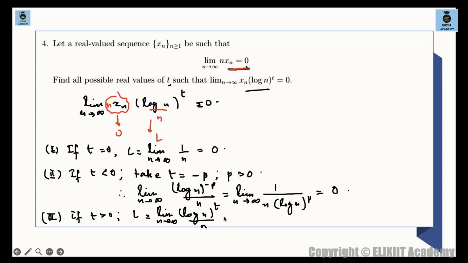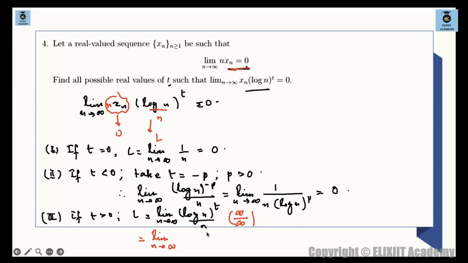First you see the format. What is the format over here? If t is positive and as n tends to infinity, this will tend to infinity as well. So basically, we are having infinity by infinity, so we can think of using L'Hopital's rule. Once you use L'Hopital's rule, you start differentiating.